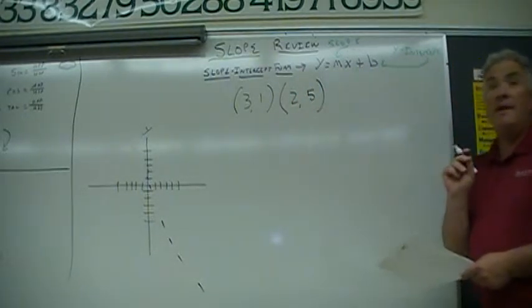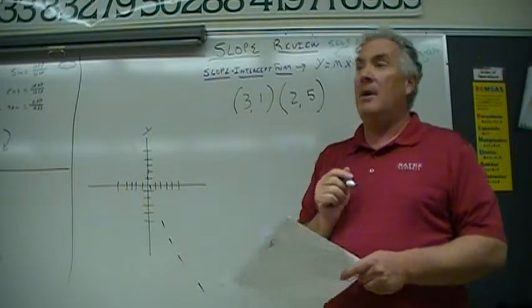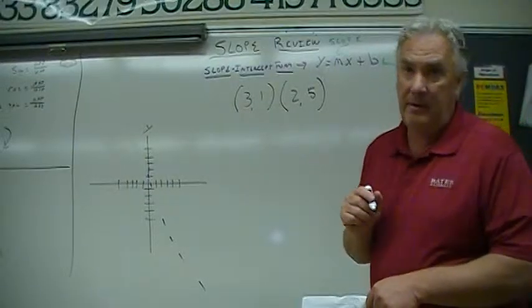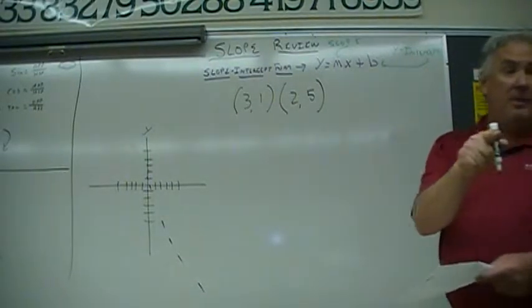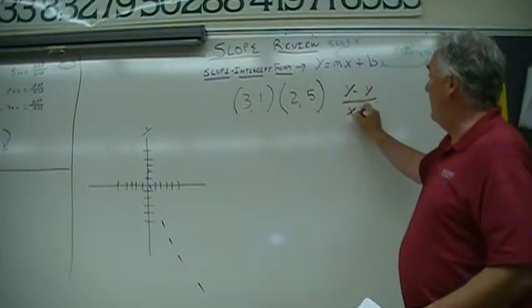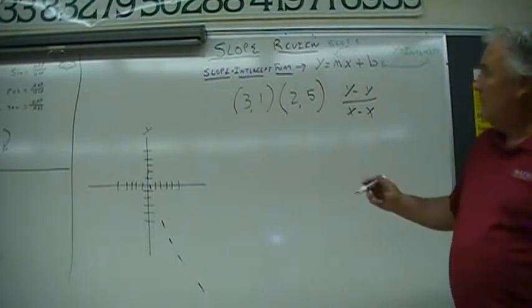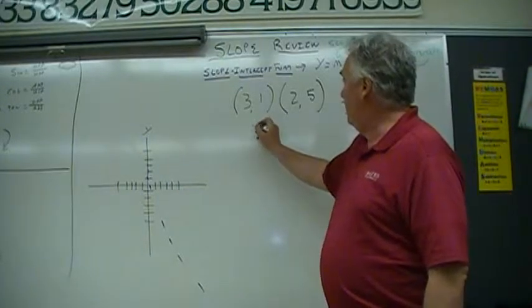Okay, one thing you have to remember to be able to use. Guys and girls, I'm going to give you this on your final exam. I will give you, just like it says above this number 27, y minus y over x minus x. So how does that look? Some people like to do this.